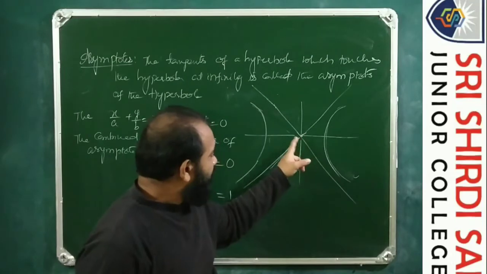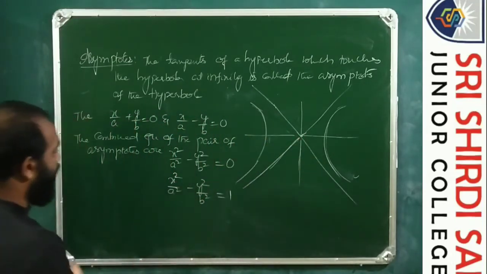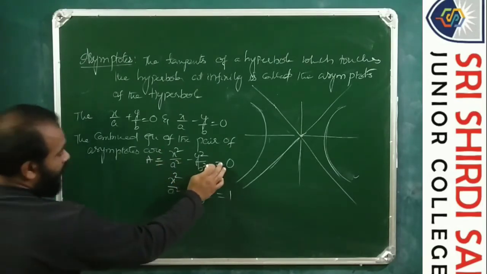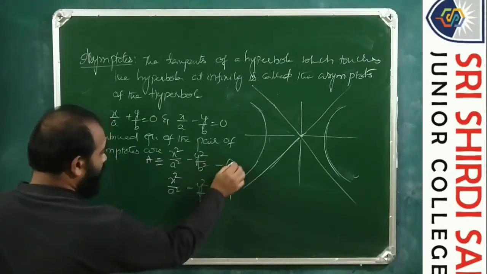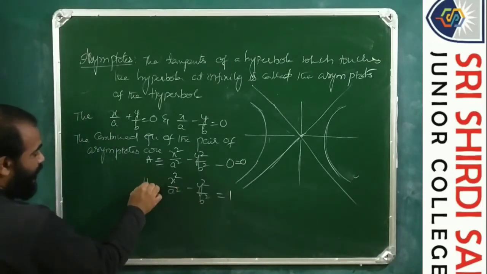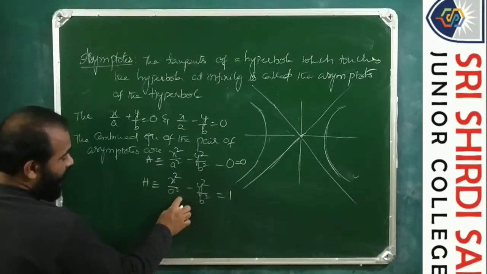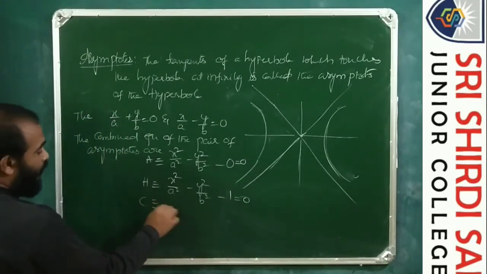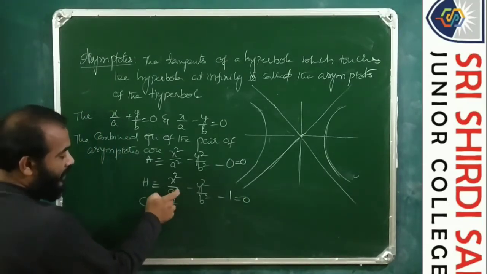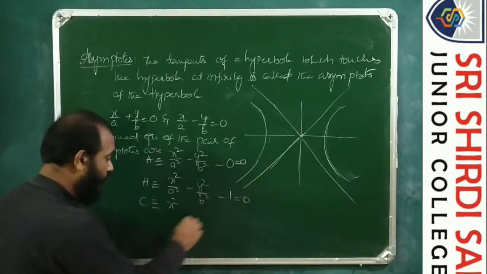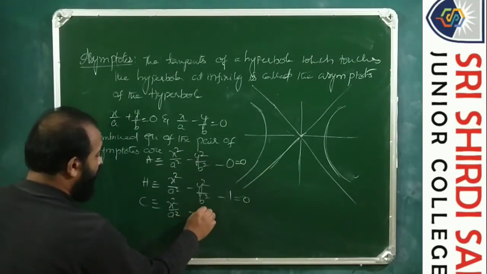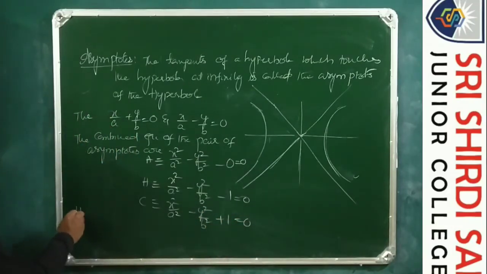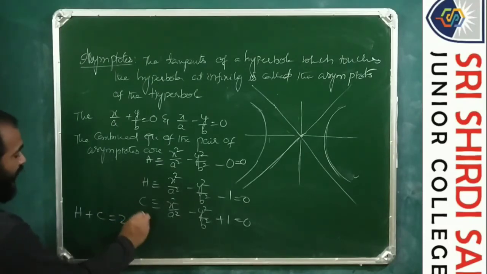And the third one is, for example, this is the asymptotes pair equals 0. For the hyperbola H, x square by a square minus y square by b square minus 1 equals 0, and the conjugate hyperbola is x square by a square minus y square by b square equals minus 1, so x square by a square minus y square by b square plus 1 equals 0. So H plus C is equal to 2A.